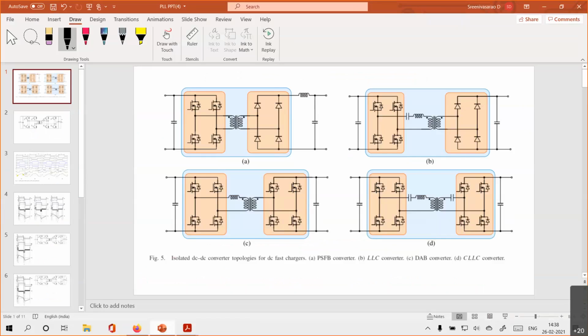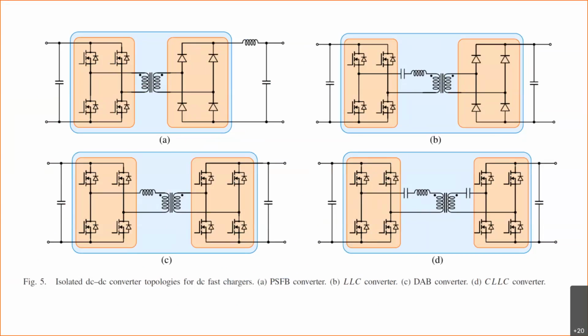Coming back to this discussion, we usually place this inductor on the primary side or on the secondary side. Let us assume this is V1.